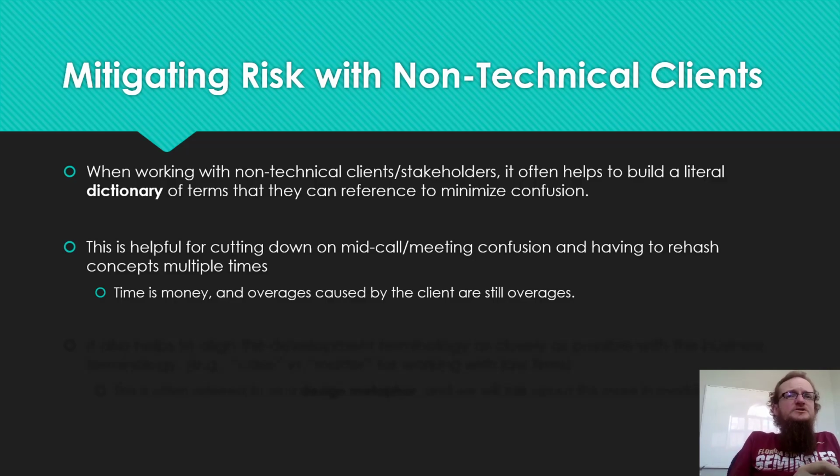It's also extremely helpful for cutting down confusion during calls. I've actually been on multi-hour calls about planning other calls. What you find out very early is that time is money. If you spend your entire 8-hour day meeting about a project, you have very little time to actually accomplish anything on the project.